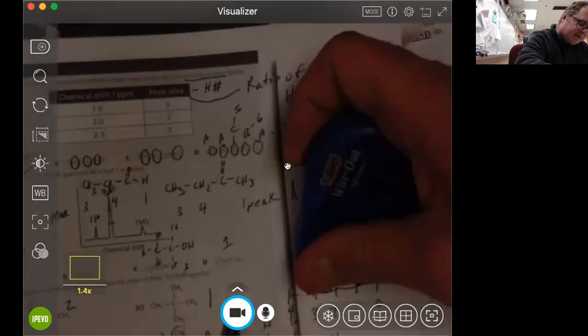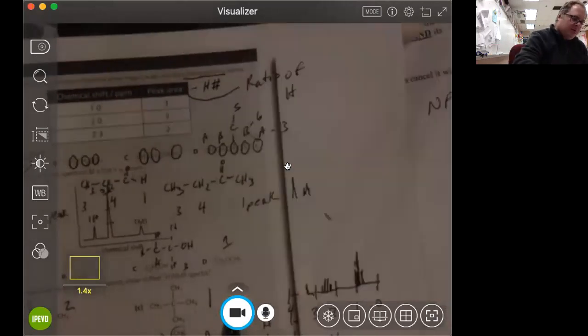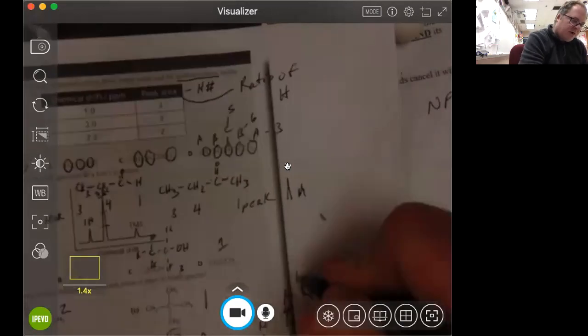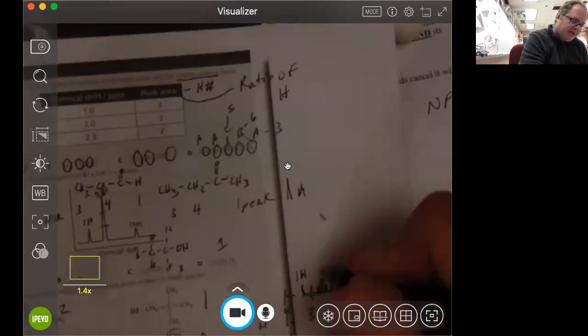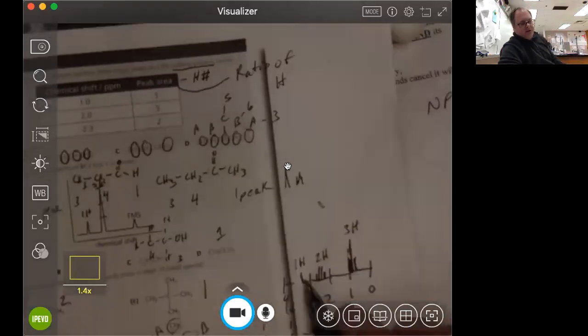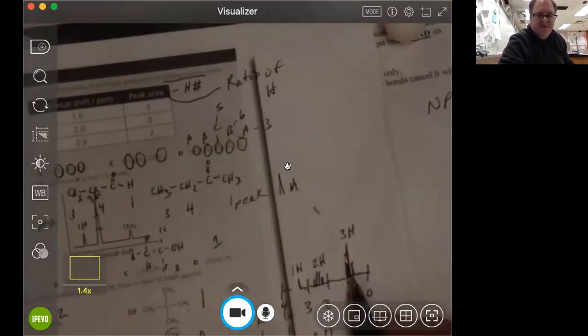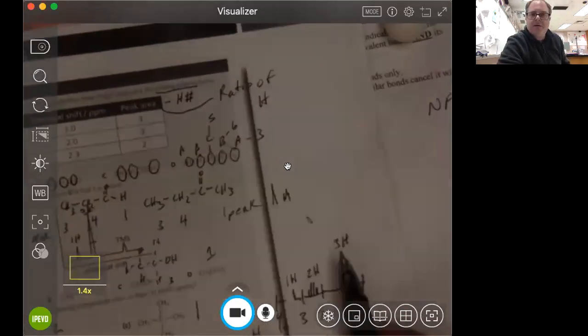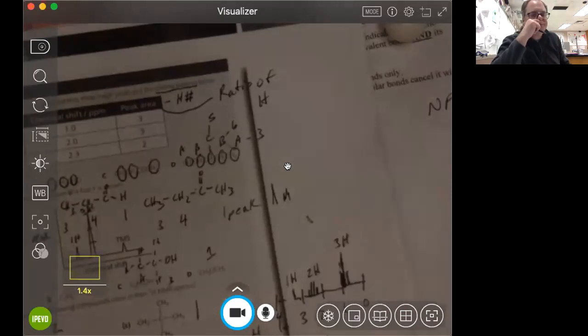If you're drawing this, you can just put 1H, 2H, and 3H. And that will get you past the requirement of having to get that size, because basically you're showing that you know that ratio. Does that make sense?